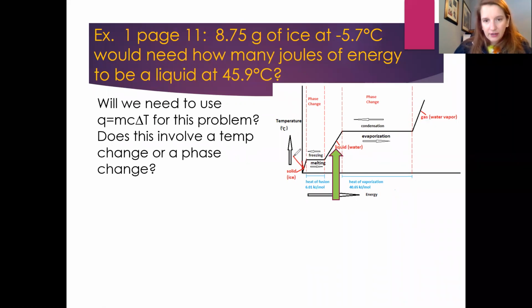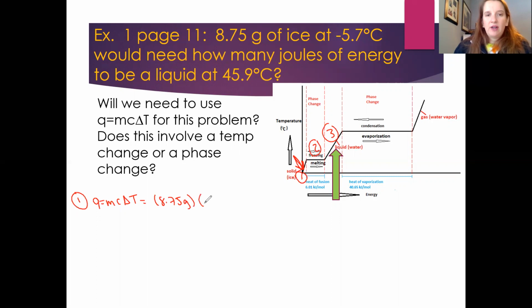We're starting right here, and we're going to this green arrow here. So that's going to be 3 steps. There's going to be a temperature change, a phase change, and another temperature change. Our first step is at the diagonal when it's ice, so we have to use Q equals MC delta T. You use this anytime it's at a diagonal. Our mass is 8.75 grams.